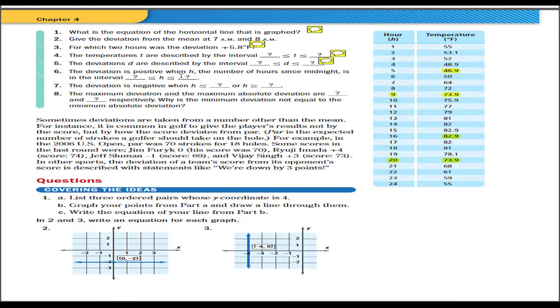The negative deviation, you'll see that this is written with an or in it, because we're now looking at going between these two. The deviation is negative when h is less than or equal to 7, and it's also negative when h is greater than or equal to 2100 hours.